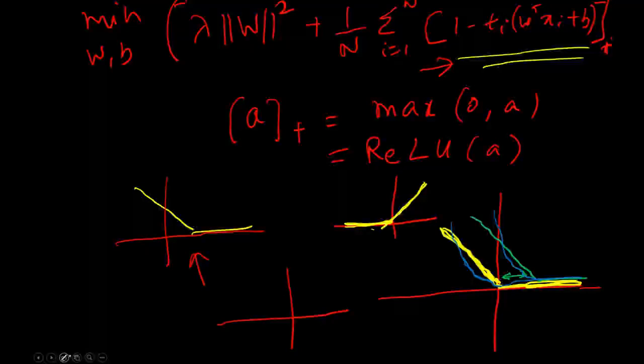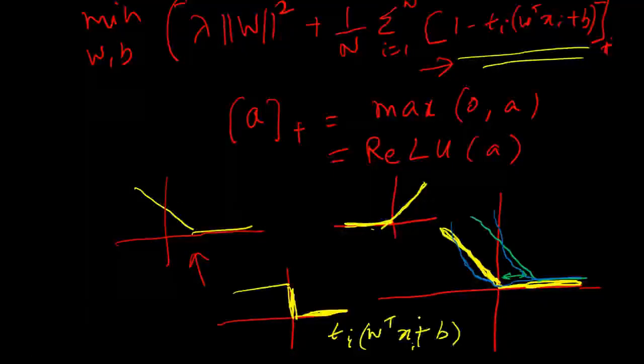Okay, so what is the x-axis? It's not simply x, it is ti times W transpose xi plus b. Okay, so that is the x-axis and the y-axis is the loss. Right.